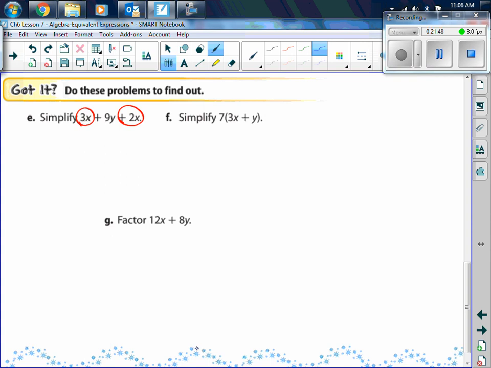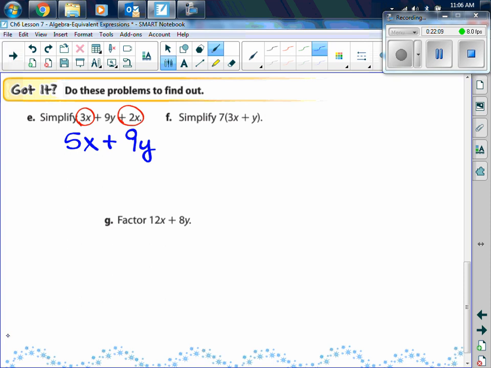So 3x plus 2x is 5x. 3 plus 2 is 5. So that's a 5x. And then we're going to add 9y. Is everybody clear? All right.